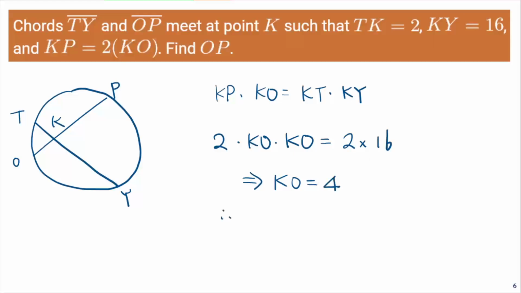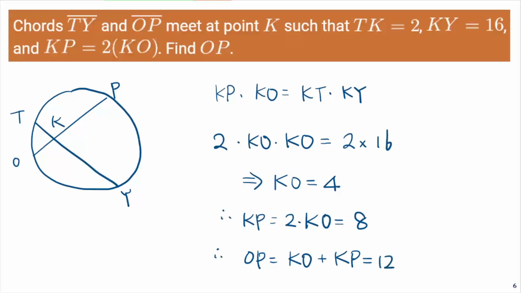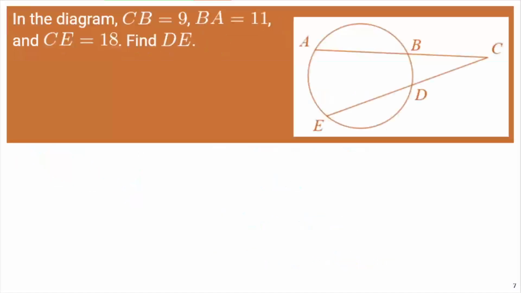Therefore, we have KP equals 2 times KO, which equals 8. And so OP equals KO plus KP equals 12, right? Any questions? Okay, good. If no questions, let's consider another one.